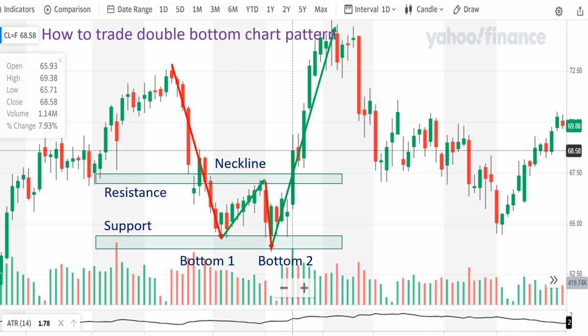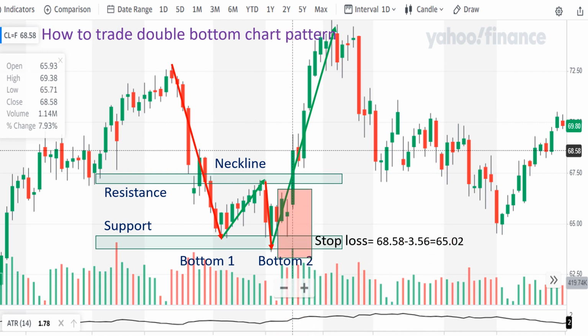Now we can place our entry at the first bullish candle that closes above this resistance level or above the neckline, and we put our stop loss 2 ATR below the close price of this candle, and we put 4 ATR above the close price of this bullish candle for profit target.